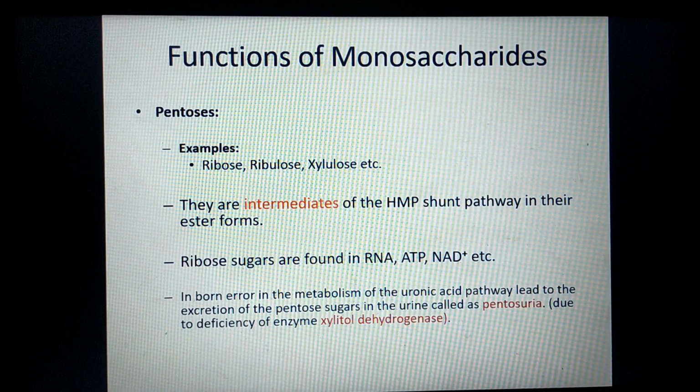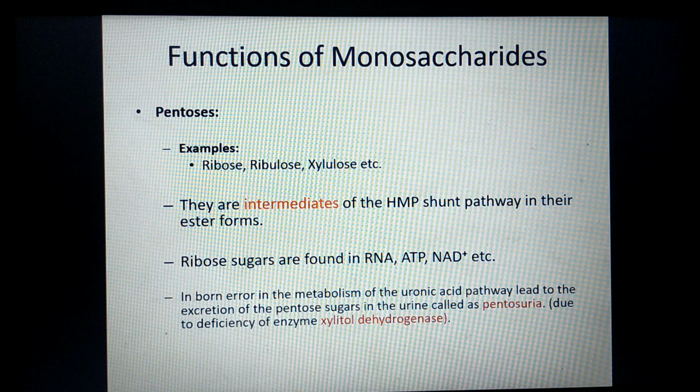One of the inborn errors of metabolism of pentose sugar is called pentosuria. Inborn error means present since birth. There is a pathway called the uronic acid pathway. In this pathway, sometimes the enzyme xylitol dehydrogenase is absent.